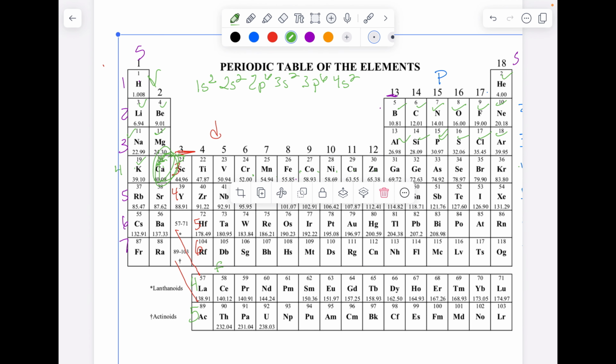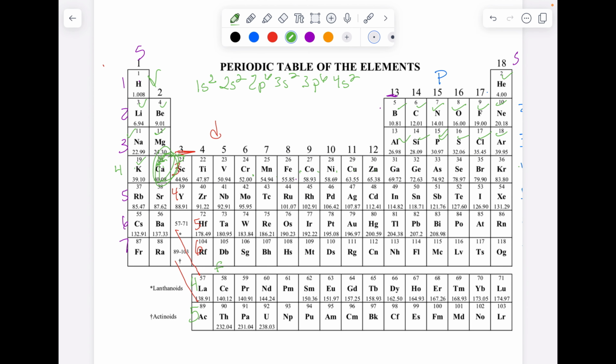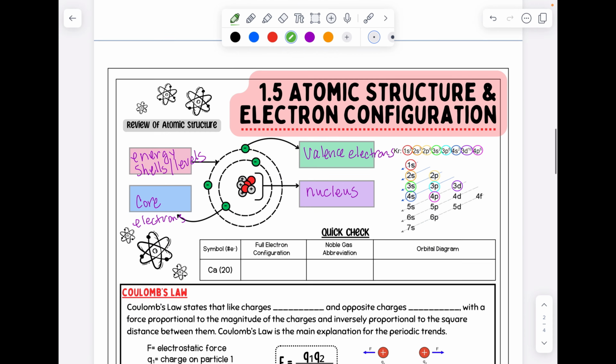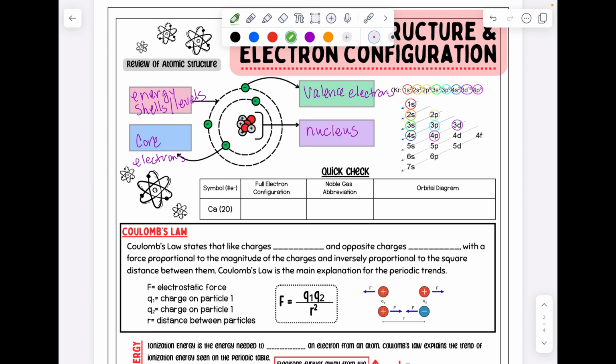Now the noble gas configuration is when you find the noble gas that's right before the element you're looking for, on the energy level before, and you put brackets around it. So basically you're saying it's the same electron configuration up to argon, and then 4s2. Okay, so that's how you do the noble gas configuration. So I'm going to go ahead and fill that in down here.